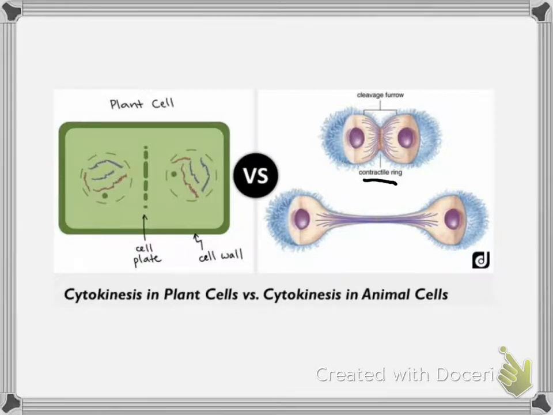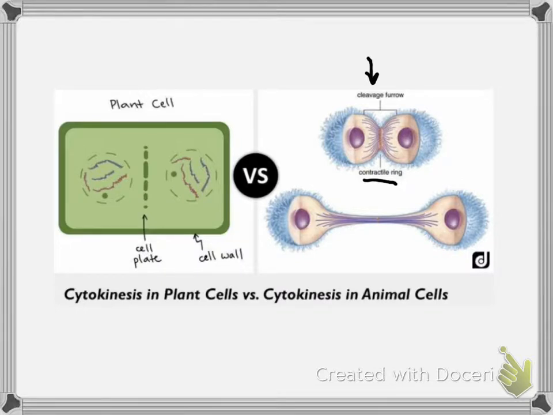In animal cells, you've got a band of microfilaments made of myosin 2 and actin, and they start to form a contractile ring at the former equator. Then it's going to contract more and more until the cell begins to cleave in two, and we call that the cleavage furrow.